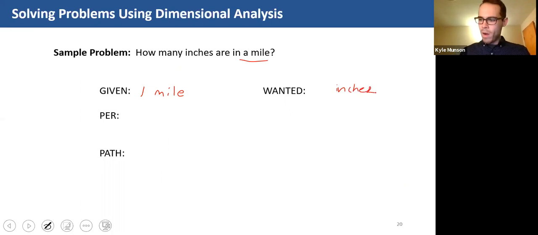Okay? Our per expression, well, this one might have been a little bit tricky, but I know that I can convert miles to feet. All right, so there's 5,280 feet, 1 mile.